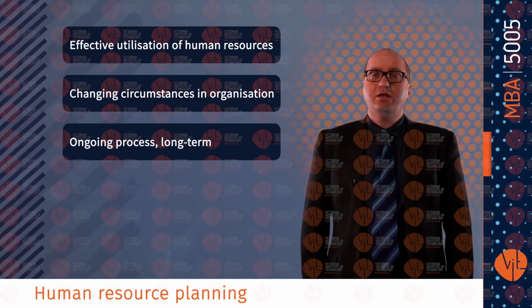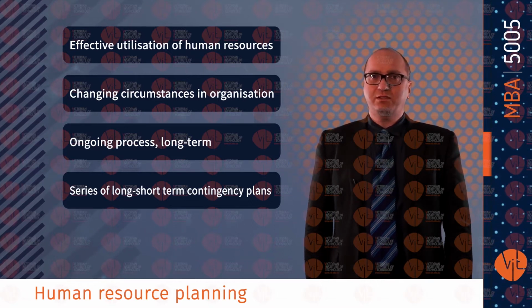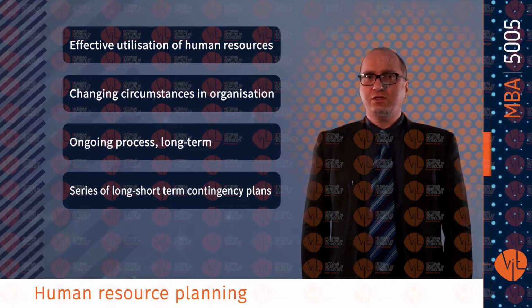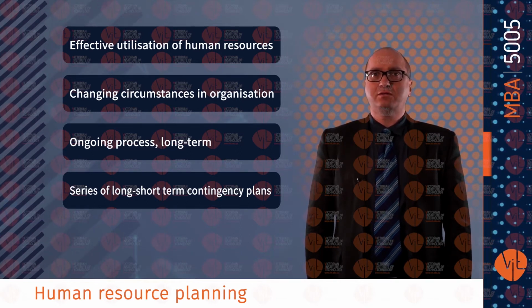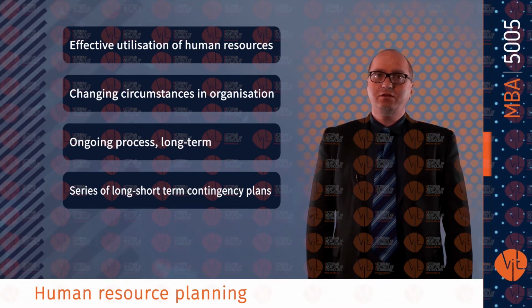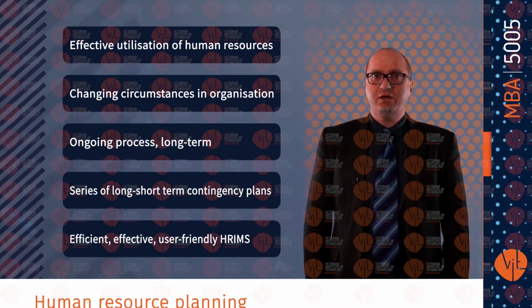in time. It includes a series of long-term, short-term, and contingency plans to predict scenario analysis and planning in terms of the changing dynamic environment around us. And the core ingredient of it is an effective, dynamic human resource information management system.